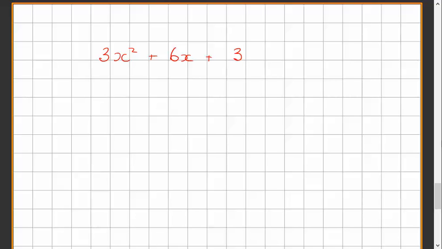I would like you to try and put that in completed square form. This is another step up. I want you to notice something about that one though. Right, let's have a quick look.